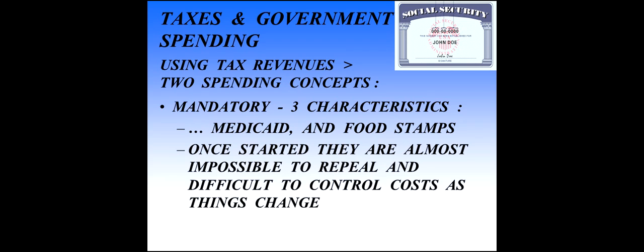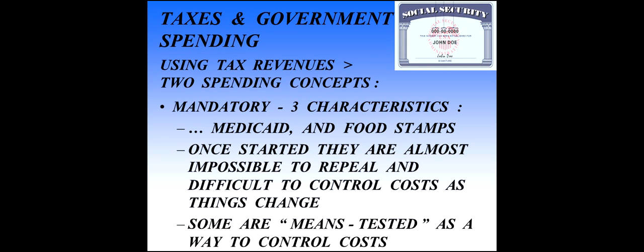Second characteristic of entitlement programs and mandatory spending programs is that once they're started, they're almost impossible to repeal and difficult to control the costs as things change in our society and our economy. The third characteristic is that there are a number of these programs that are means tested as a way to control costs, and that is a good thing.